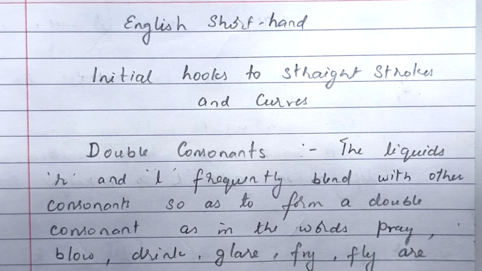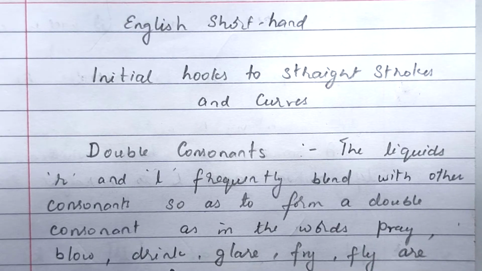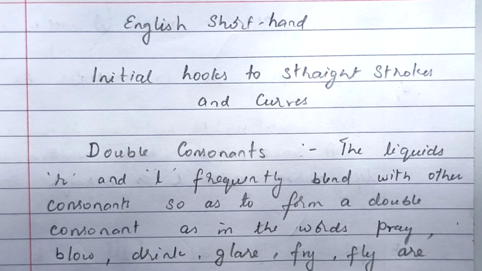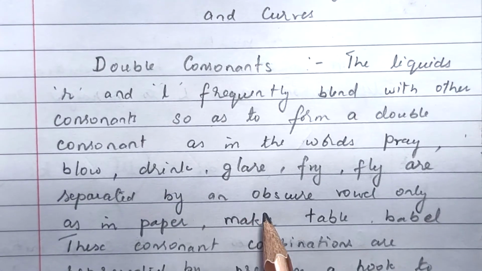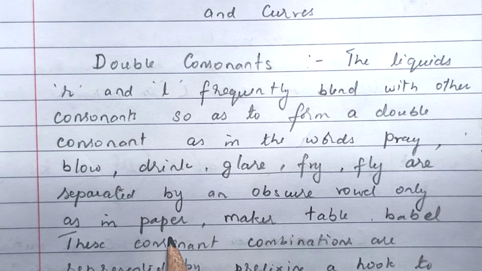So the words pray, blow, drink, glare, fry, fly are separated by an obscure vowel, as in paper, where we have a vowel sound of A and per.